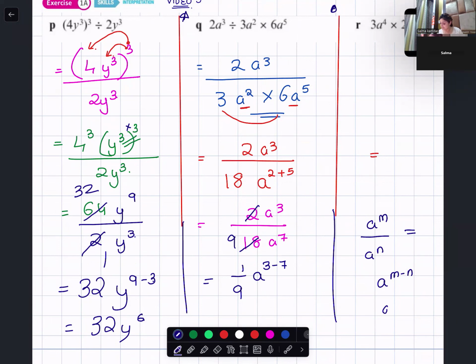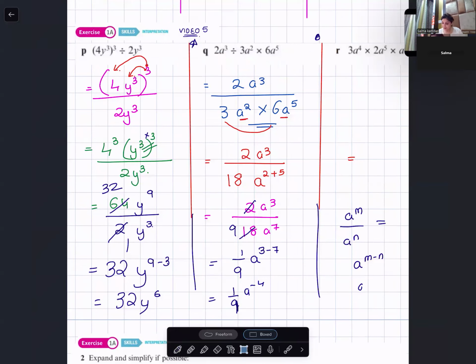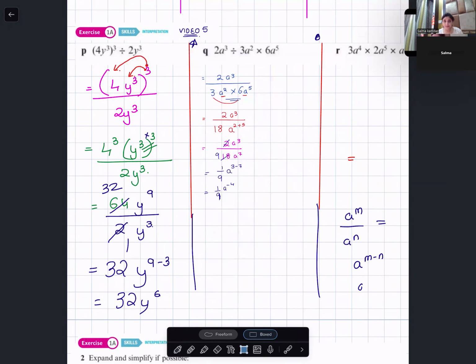So this will become 1 upon 9, a raised to 3 minus 7 would give you a negative number. So a raised to minus 4. Now you know that whenever there is a negative, that means it involves a reciprocal. So when I'm going to deal with reciprocal, it will become 9a raised to 4.